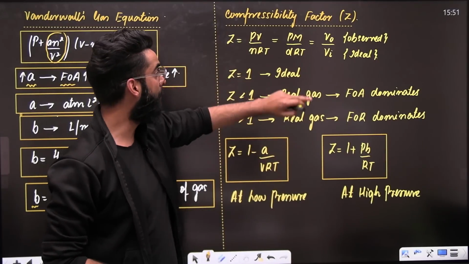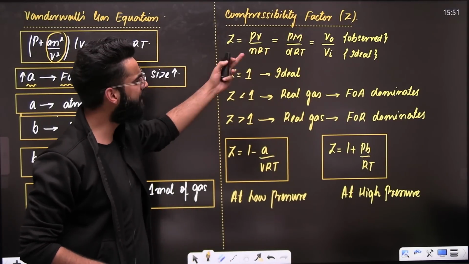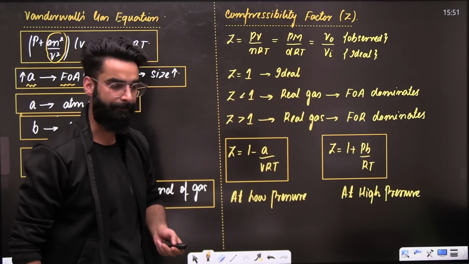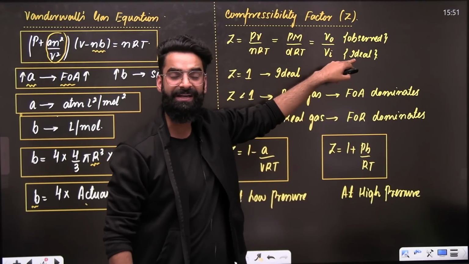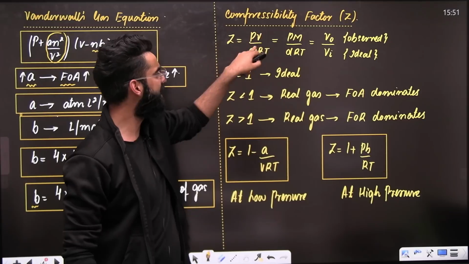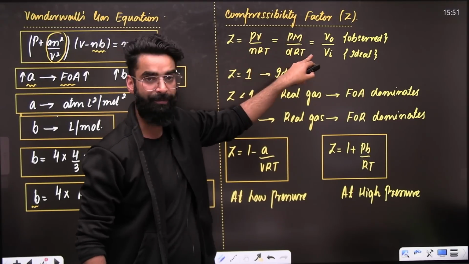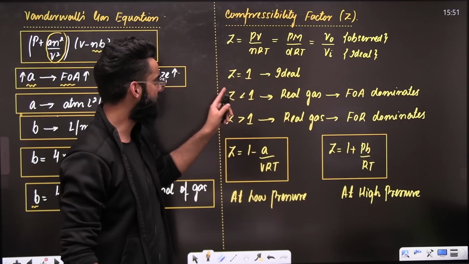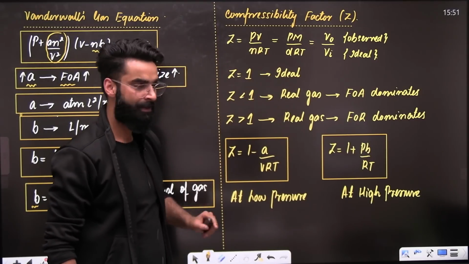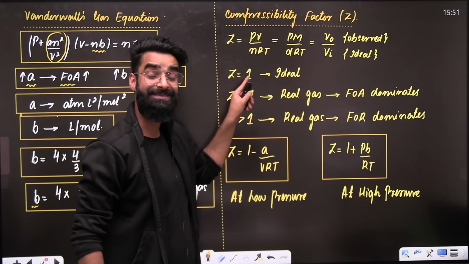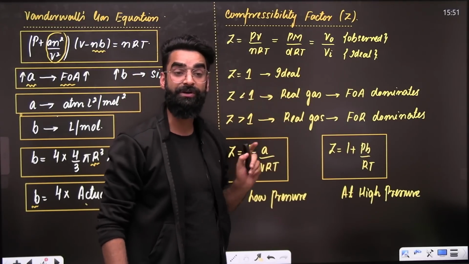Similarly, when you talk about the compressibility factor, we have different ways to calculate it. One is V observed divided by V ideal, the observed volume of the gas divided by the ideal volume of the gas. One is PV divided by nRT. One is PM divided by dRT. That particular gas whose Z value is equal to 1, you call that gas the ideal gas. Z value less than 1, the gas is going to be real, in which force of attraction dominates.